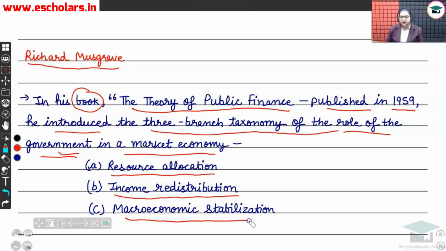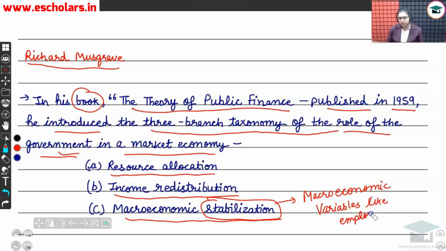Next, macroeconomic stabilization. Macroeconomic stabilization refers to stabilizing, that is preventing frequent changes in the macroeconomic variables, like employment, aggregate demand, aggregate supply, etc. So the government should focus on stabilizing the macroeconomic variables like employment, AD, AS, etc. So let's recall it till now.